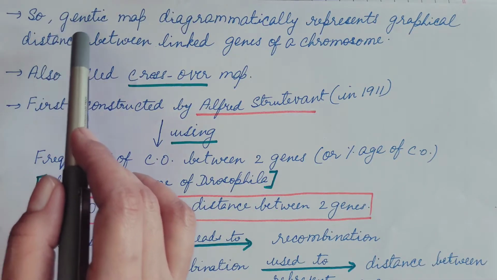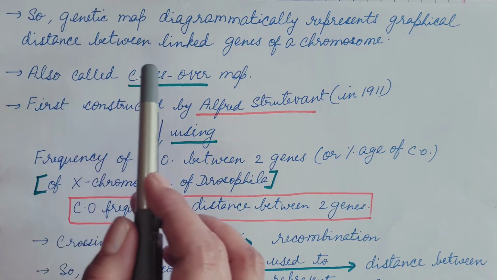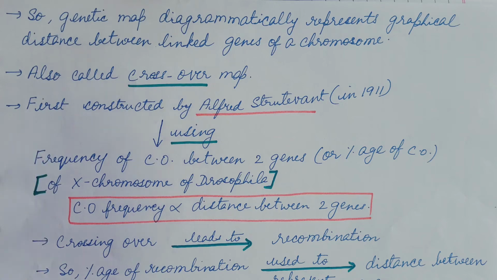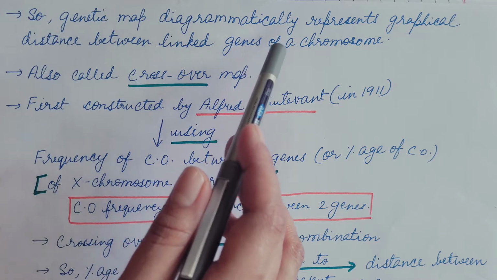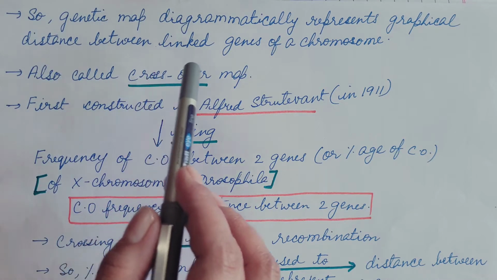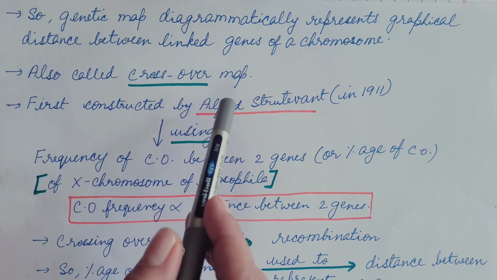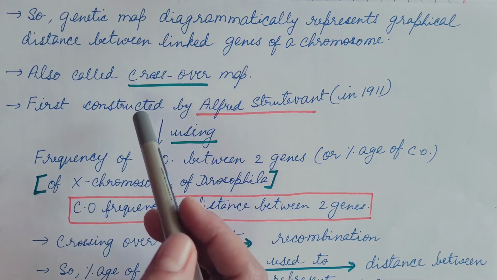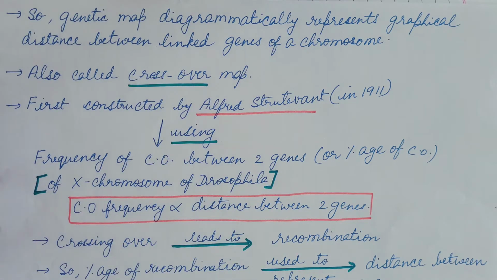So we can say that a genetic map is a diagrammatic representation of the graphical distance between linked genes of a chromosome. It is also known as a crossover map because it is constructed with the help of the information obtained by crossover studies.